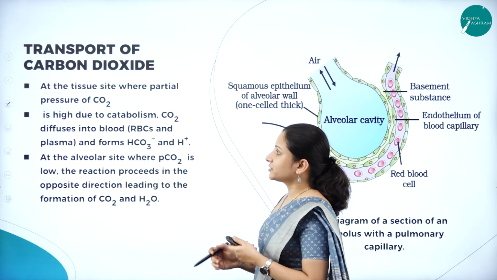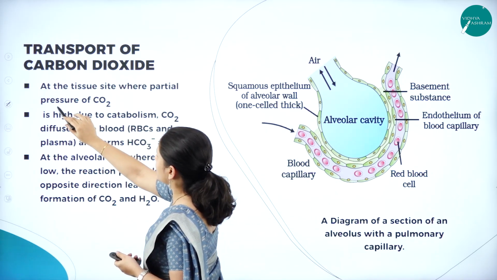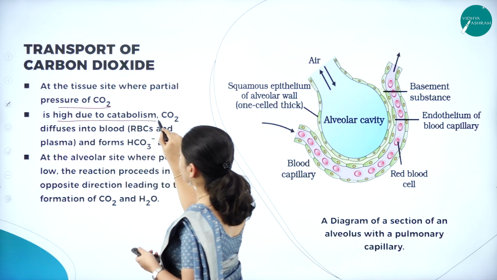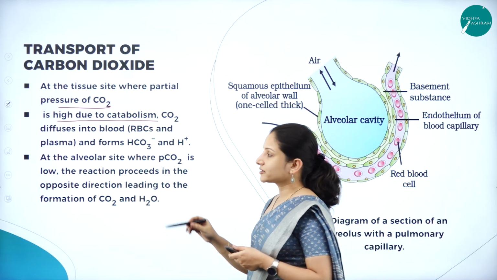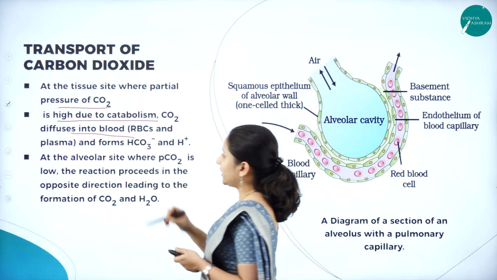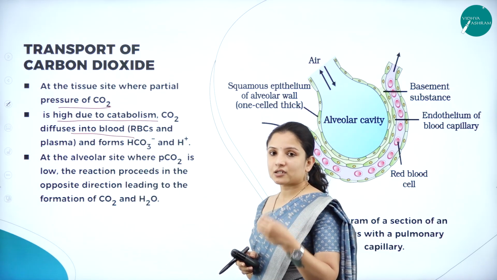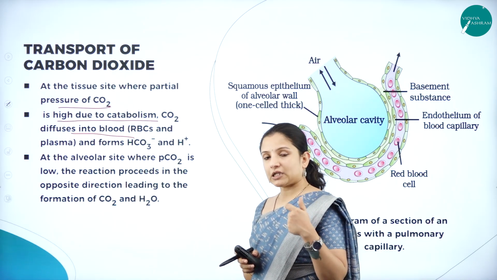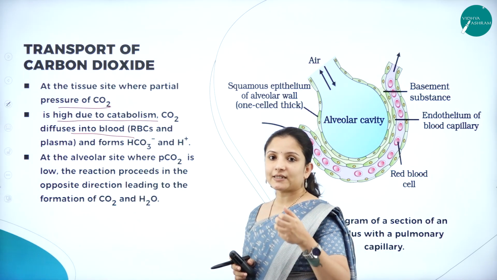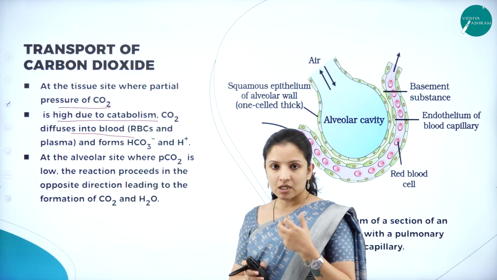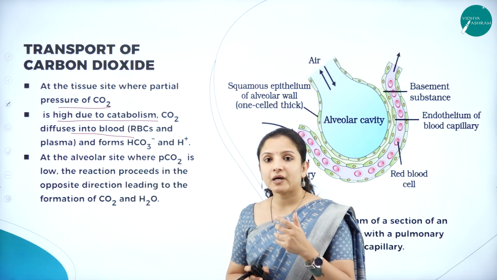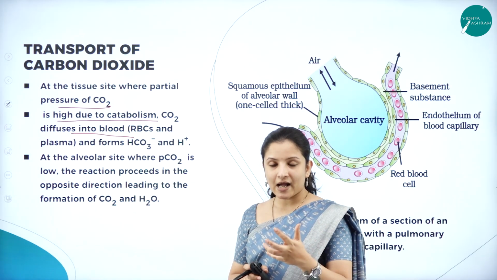And at the tissue site where partial pressure of carbon dioxide is high due to catabolism, carbon dioxide will diffuse into the blood. So what happens here at the tissue? The hemoglobin, that is the RBC, collects the carbon dioxide in the tissues, right? In the tissues, the partial pressure of carbon dioxide is high.